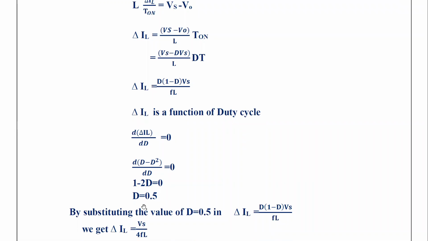Simply by substituting this duty cycle value in this equation, you will get the final value of the ripple current in the inductor.